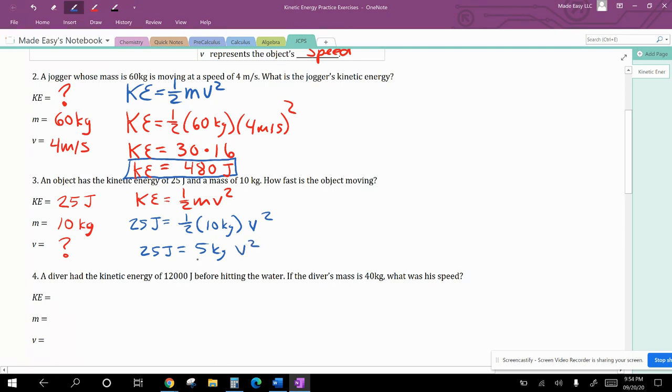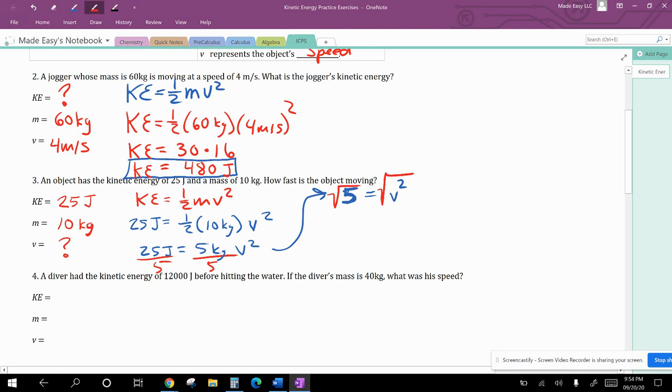All right, so we can just divide both sides by 5, and what we'll end up with is 5 equals v squared, okay? And so what we need to do is to get rid of that v squared, what you have to do is take the square root of both sides, okay?